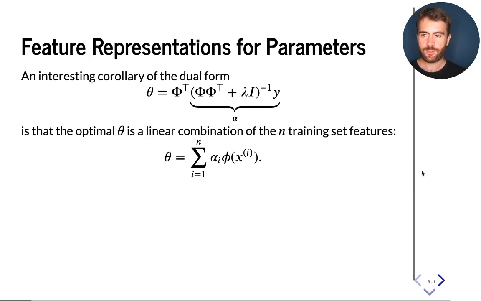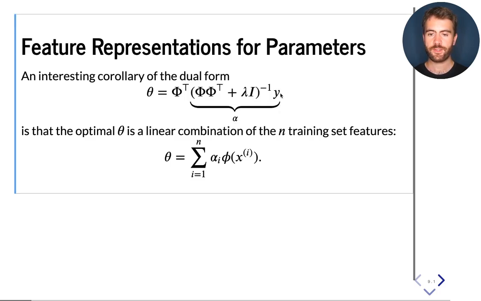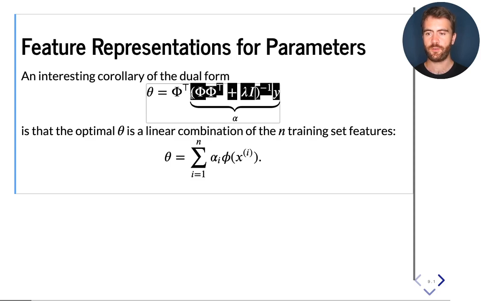A very important observation that I'm making on the slide is the following. Here again, this is our dual form for the normal equations, and this result of this set of multiplications and inversions and additions, you should convince yourself that this is a vector.